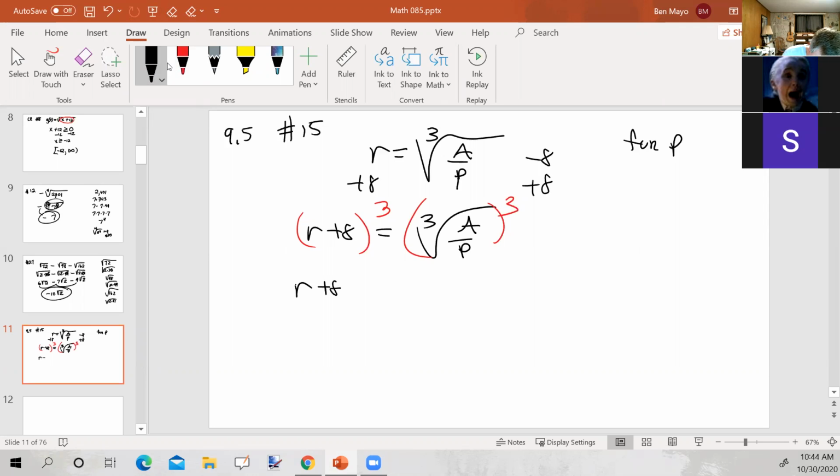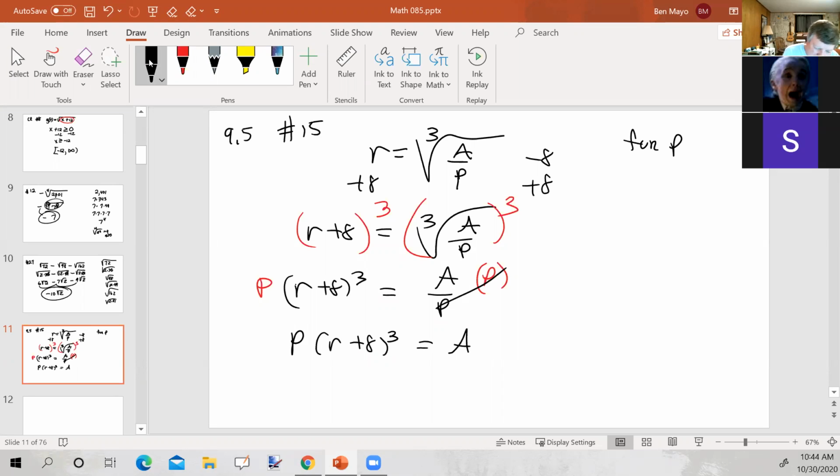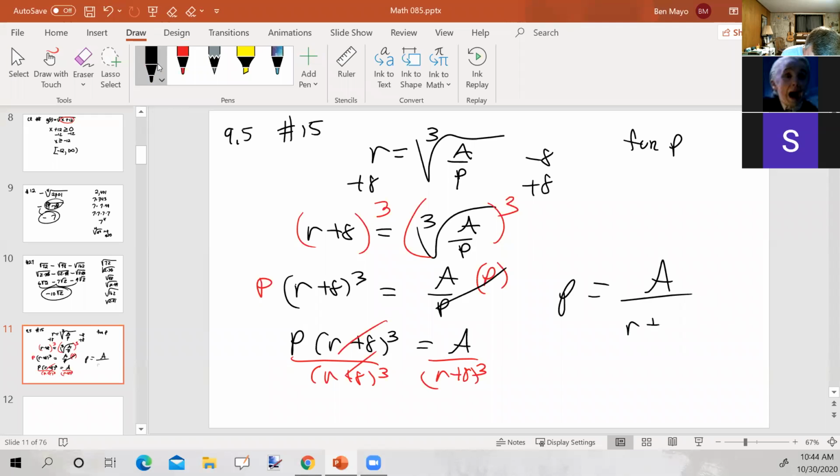So I get R plus 8, the quantity cubed, equals A over P. I'm going to multiply both sides by P, which gives me P times the quantity R plus 8 cubed equals A. Then I'm going to divide both sides by the quantity R plus 8 cubed. And so I get P equals A over R plus 8, the quantity cubed. I think the previous one was R plus 6, the quantity cubed. So basically the same steps.